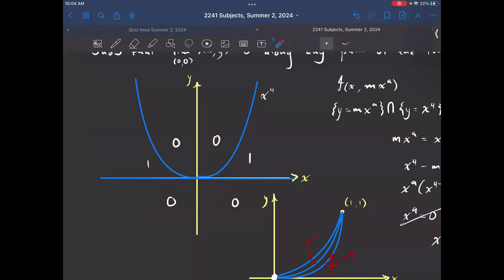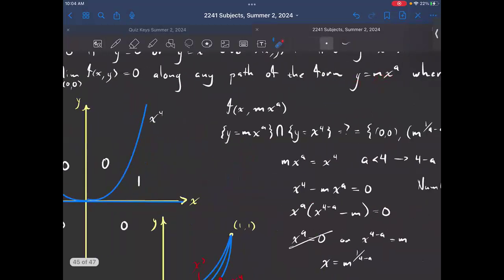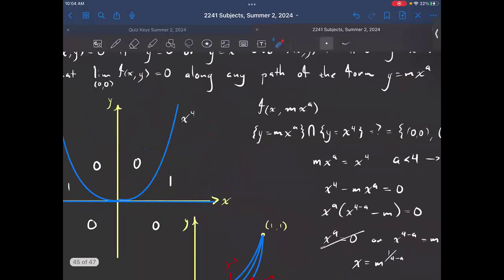And so I need to know, how is this path y equal mx to the a approaching 0? Is it doing something like this? Or is it doing something like this? Or is it doing something like it crosses a few times and then stays in one? Or is it crossing back and forth over and over again?